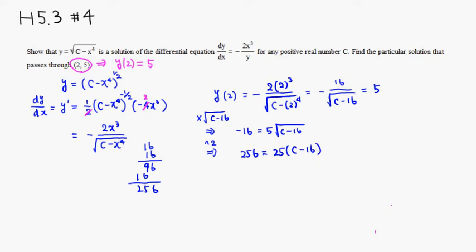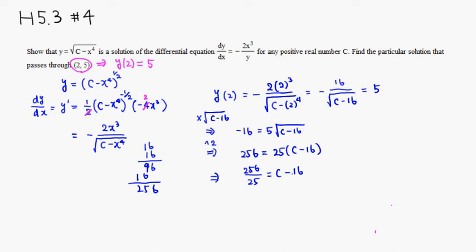Then divide through by 25, so you have 256 divided by 25 is equal to c minus 16.